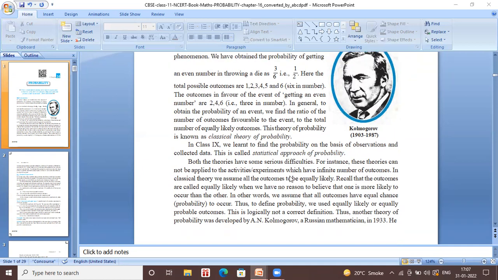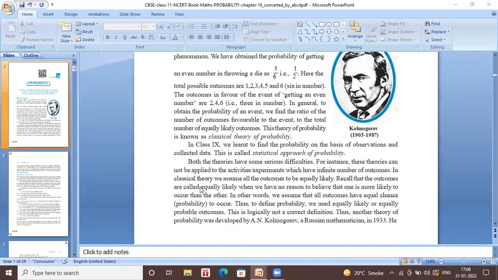Both the theories have some serious difficulties. For instance, these theories cannot be applied to activities or experiments which have an infinite number of outcomes. In classical theory, we assume all the outcomes to be equally likely. That I explained earlier.